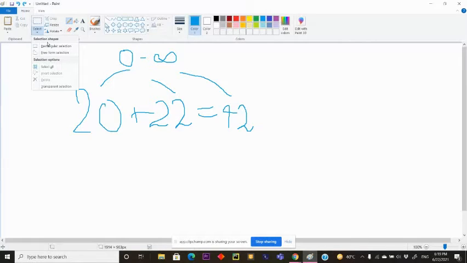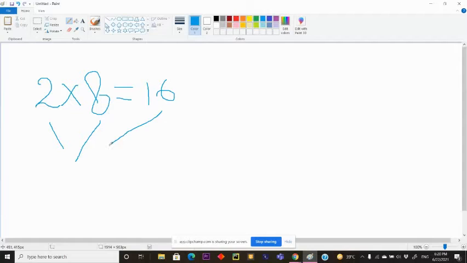Now, how do we know it works on multiplication? Let's learn about why it applies on multiplication. First, let's take 2 into 8. 2 into 8 is 16. 2, 8 and 16 are between 0 and infinite.